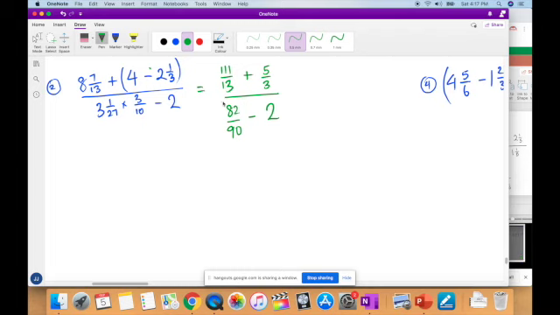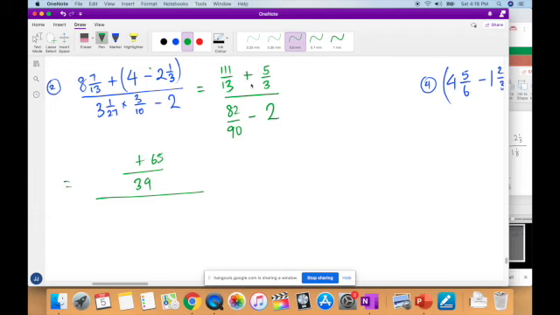So I could go 13 times 3 is 39. So that is equal to, let's do the numerator first. 13 times 3 is 39. And then I go 13 times 5 is 65.